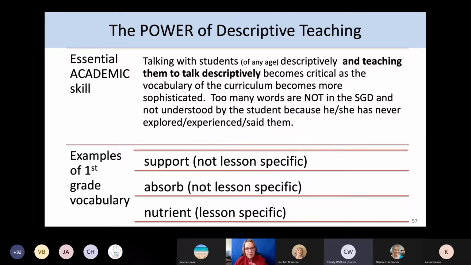So as an academic skill, the power of descriptive teaching is that when we're talking with kids of any age, any ability, we're teaching them to talk descriptively, because it becomes so critical as the vocabulary of the curriculum becomes more and more sophisticated, with more and more vocabulary words that are either not in the speech generating device or not understood by the student because they've never experienced those words, never explored those words, never said those words.